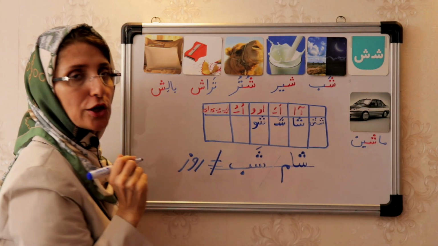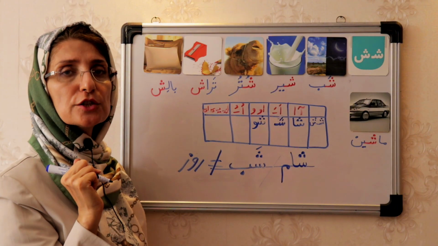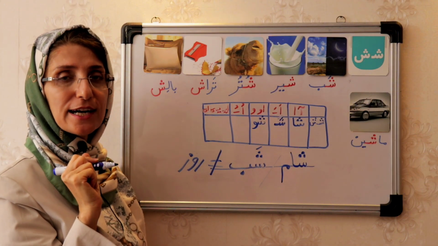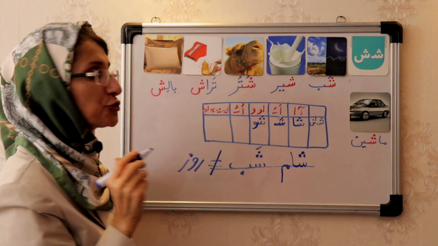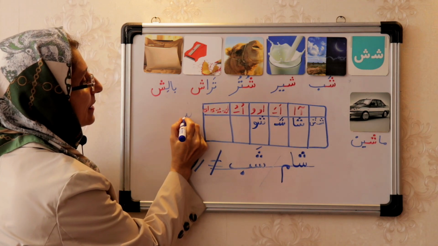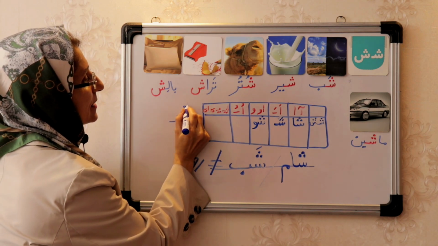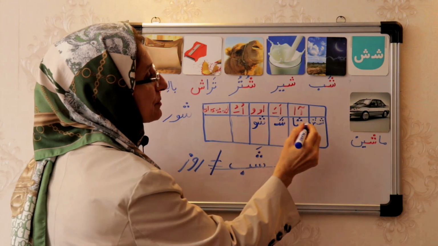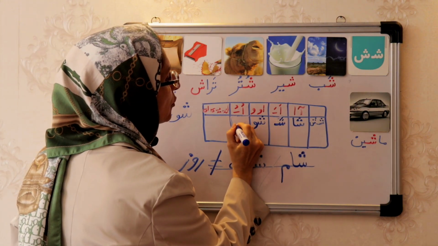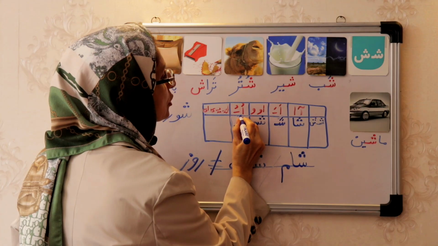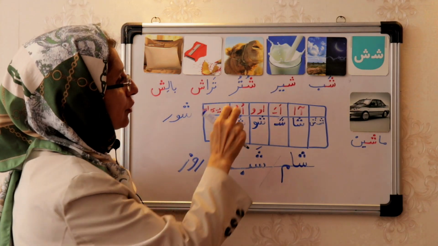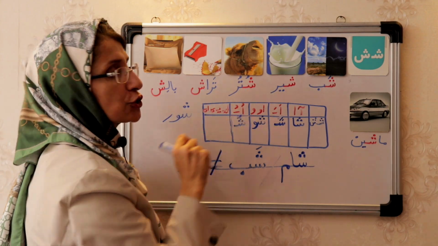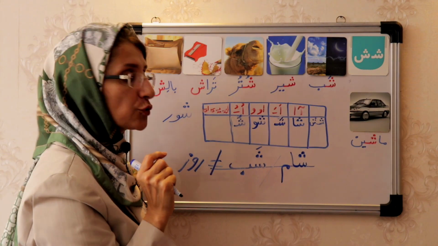If we make friendship between sh and u, then we have shu. Shu like shur. Salty like chips. Shur. If we make friendship between sh and o, then we have sho. Sho like شطور.